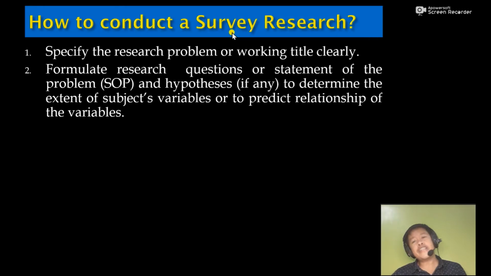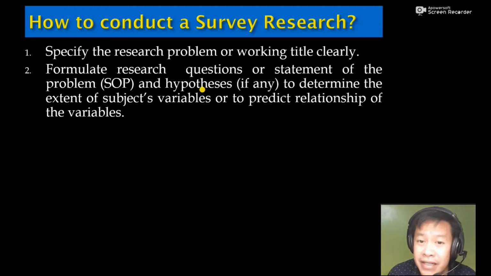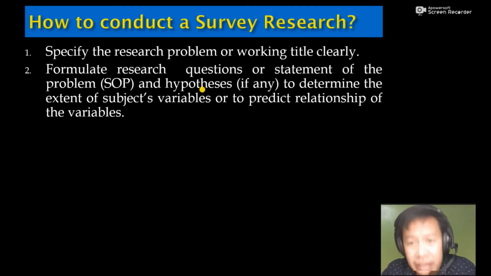But not all survey research has a hypothesis, because survey researches are classified into 3. We have the descriptive research, the comparative research, and the correlational research. We can combine the descriptive and the comparative. We can also combine the descriptive and the correlational. But there are just 3 major classifications of survey research.